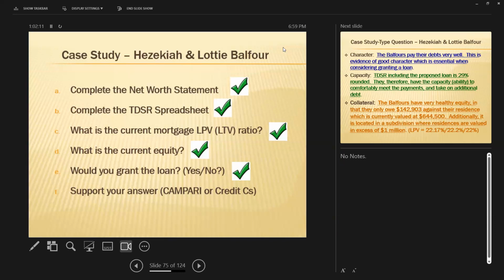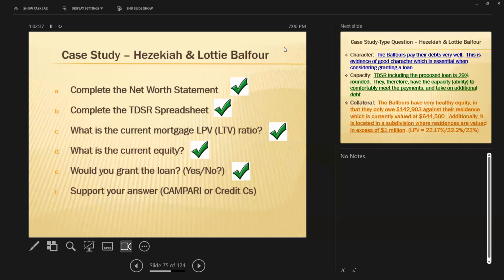So 29, I would say they can pay comfortably. They could comfortably afford this payment, because remember, this 29 includes that $348 payment for the further charge. So 29 from 45, that's like 16, right? So they've got 16% to play with.